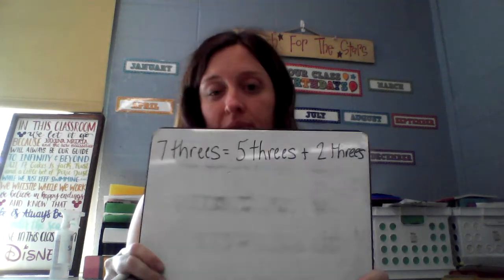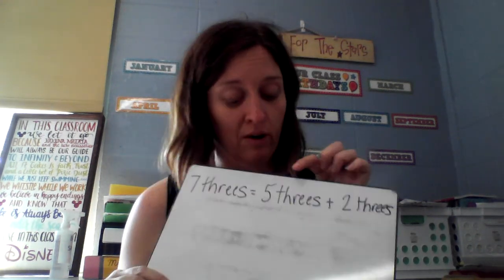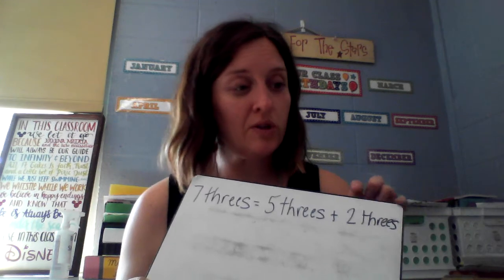I could say that 7 3s, which is what I was showing on my array, is the same thing as 5 3s plus 2 3s. Okay, 7 3s is the same thing or equal to 5 3s plus 2 3s.